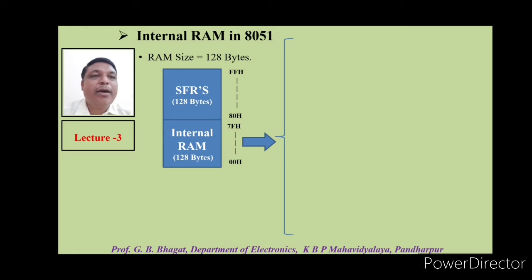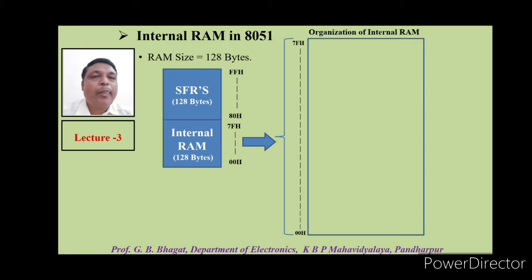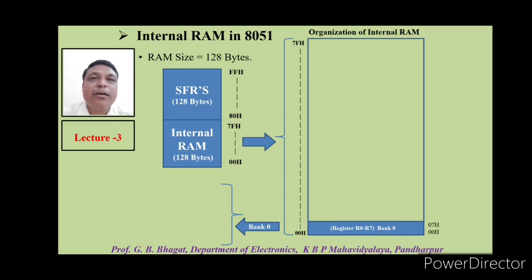Let us see the structure of internal RAM. This internal RAM is divided into various parts ranging from 00 to 7FH. Here at address 00 there is one register bank, that is bank 0, ranging from address 00H to 07H. This register bank is actually a group of 8 registers: register R0 at address 00, register R1 at address 01, register R2 at address 02, like this up to the register R7 at address 07.